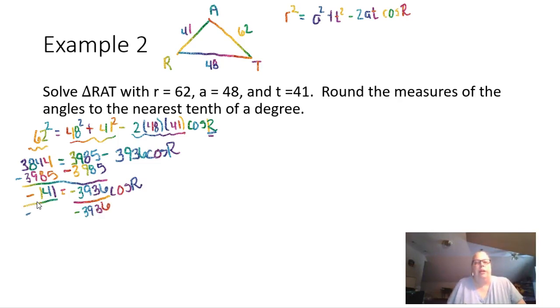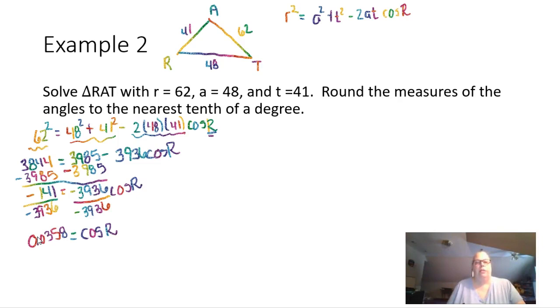And remember, when I divide it over here, I want to get a number that's between negative 1 and positive 1 so that I can do the inverse cosine. If I don't get a number between negative 1 and positive 1, then our triangle doesn't exist. And this gives me 0.0358.